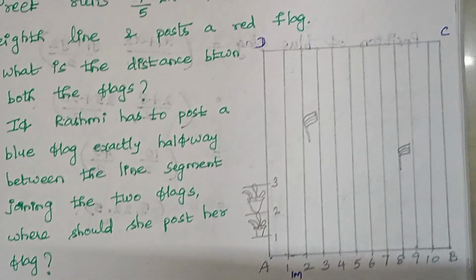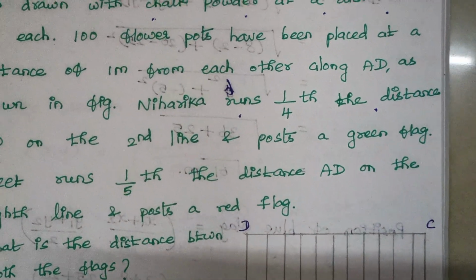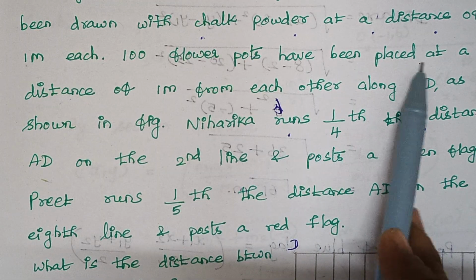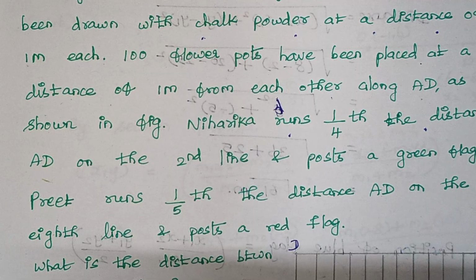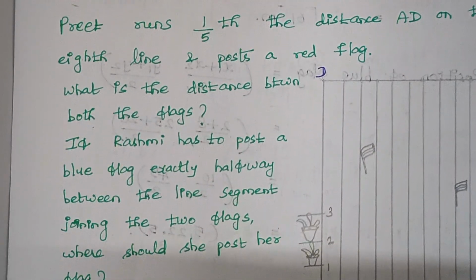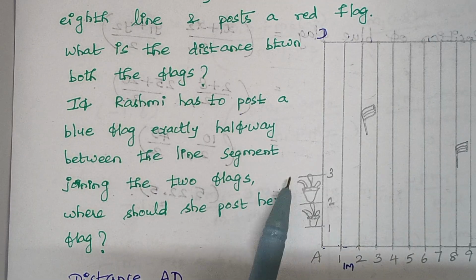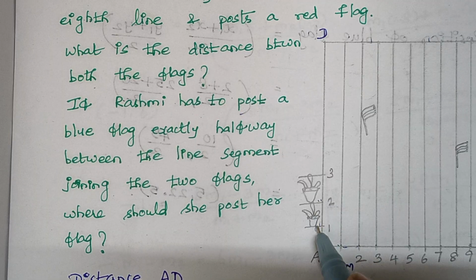Now 100 flower pots have been placed at a distance of 1 meter from each other along AD, as shown. So this is my side AD, and here we have placed 100 flower pots, each covering 1 meter distance.